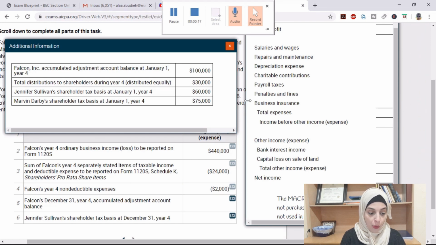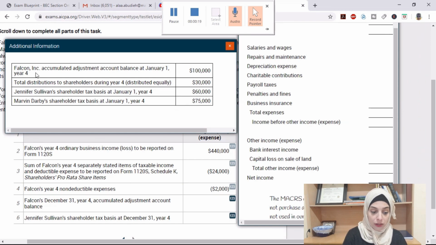Usually, the accumulated adjustment account balance equals the beginning accumulated adjustment account balance, and then we add to it the ordinary business income, plus or minus the separately stated taxable income and deductible expenses, and minus any non-deductible expenses, minus the shareholder distributions.